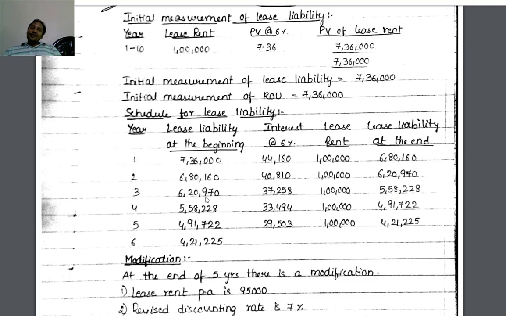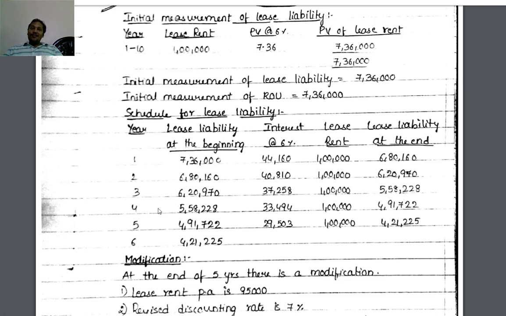Third year beginning, 6,20,970. Interest at 6%, 37,258. Then lease rent payment 1 lakh. Liability at the end 5,58,228. That is 6,20,970 plus 37,258 minus 1 lakh, 5,58,228.